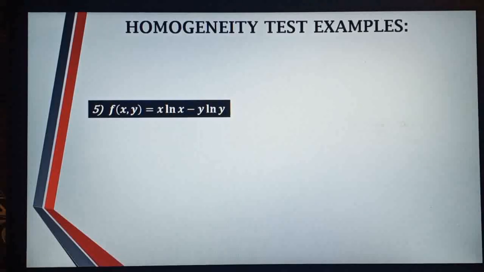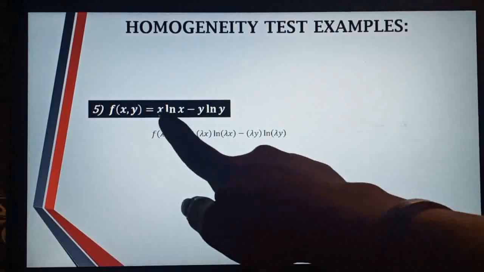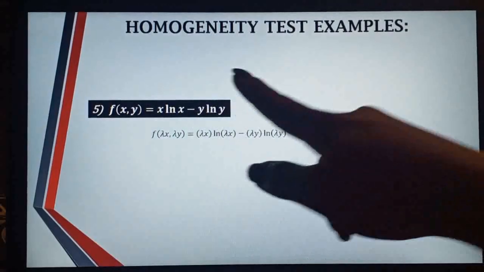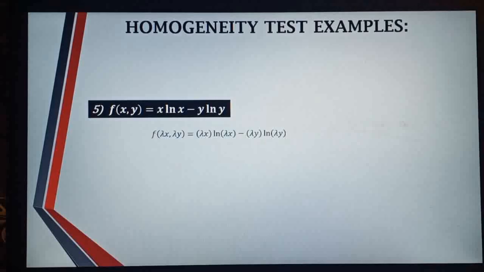Then example number 5, if you have x ln x minus y ln y, hindi siya pwedeng pagsamahin kasi you have this variable. Then kapag sinubstitute natin yung lambda x and lambda y, you will have lambda x ln of lambda x minus lambda y ln of lambda y.